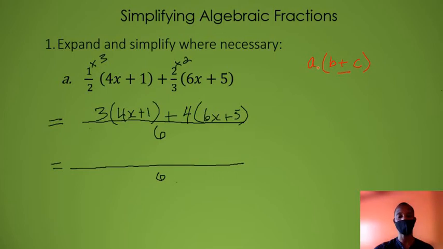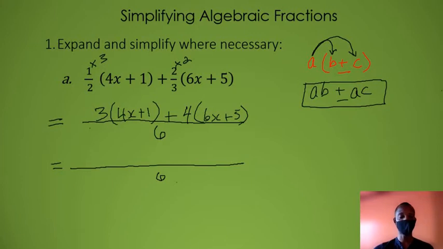In other words, if we have A preceding the bracket, and we have the terms B and positive or negative C in the bracket, we will multiply the quantity outside the bracket by each term in the bracket. So A times B will give us the product AB, plus or minus A times C will give us the quantity AC. So it's AB plus AC, or if it's a minus, AB minus AC.